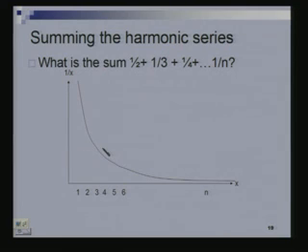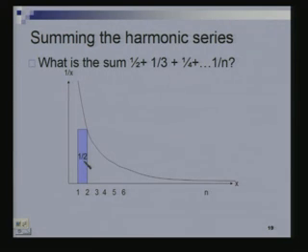This is a graph of the function 1/x. These are points 1, 2, 3, 4. Let me draw a line here at 2. What is the height of this rectangle? 1/2. What is the width of this rectangle? 1.